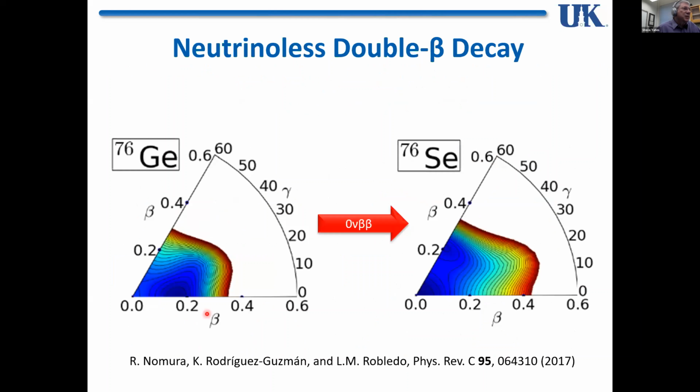Simplistically, if I just take those calculations and look at the structure, germanium-76 is predicted to be prolate, and selenium-76 is predicted to be oblate or maybe even spherical. This doesn't appear to me to be a very easy transition, and the more difficult the transition, of course, this means the longer the half-life, the more difficult the detection of neutrinoless double beta decay.